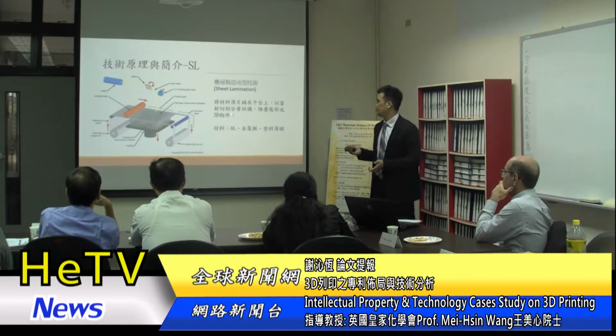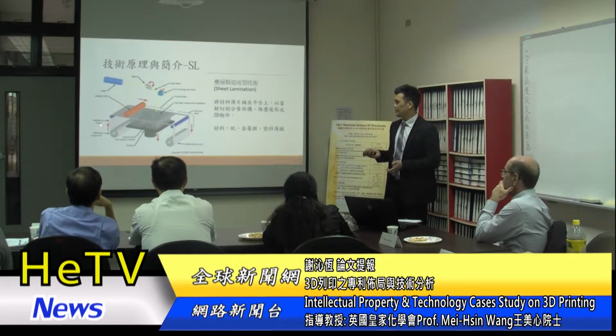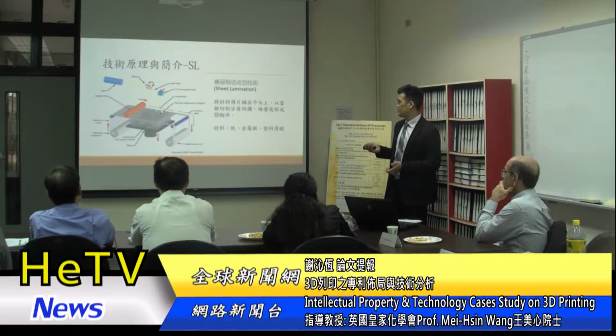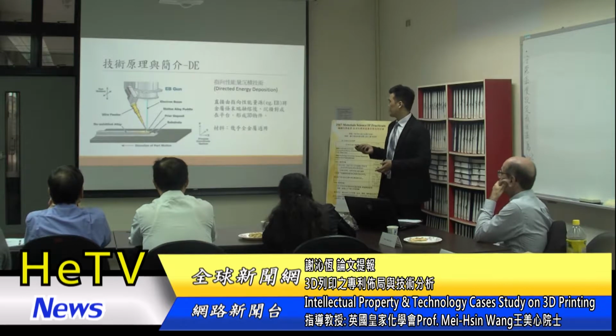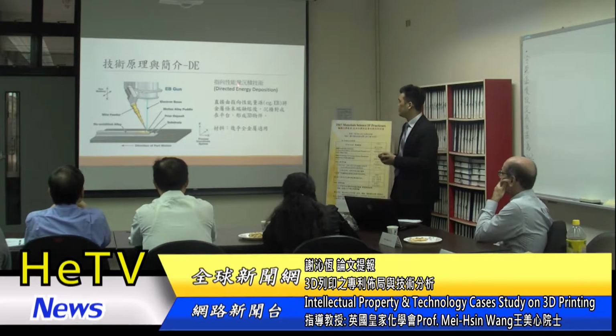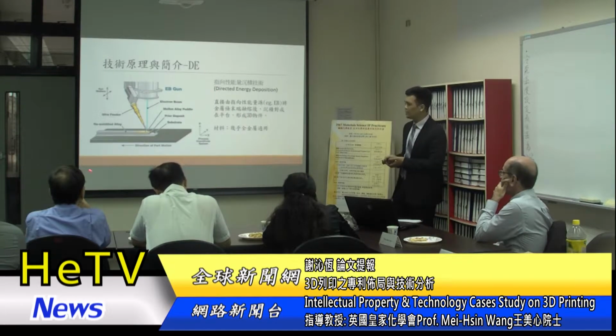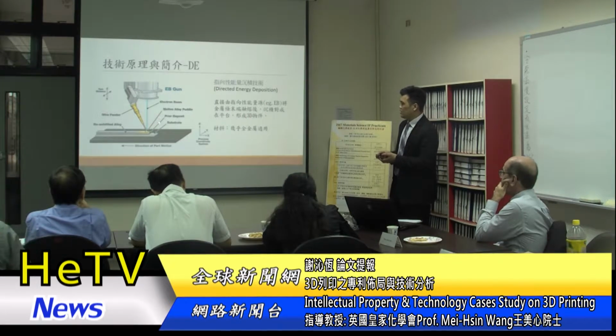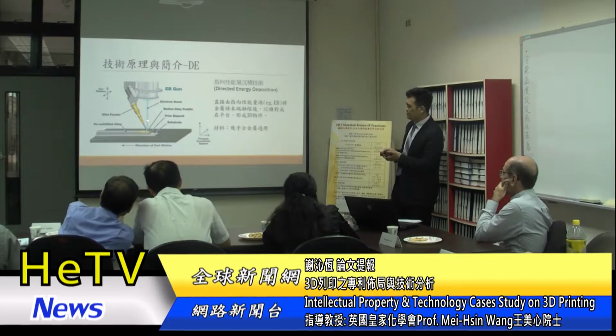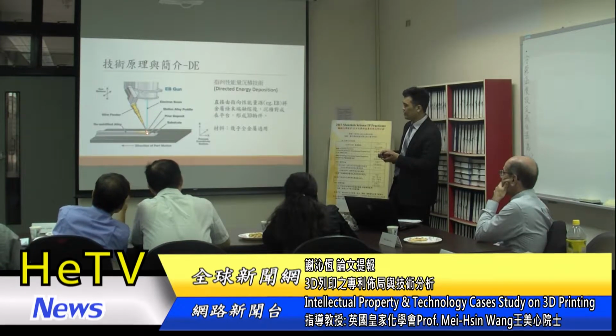For sheet lamination, we use material sheets and a laser. We use the laser to cut the material sheets into different shapes and, by compressing these shapes, you can build up a 3D object. The final one is directed energy deposition. We use a high directed energy source like electron beams to melt the material and build up the 3D object.